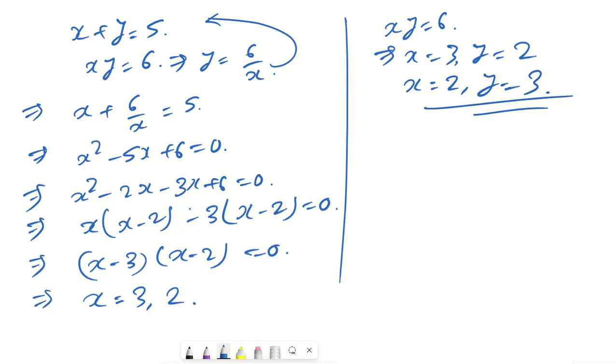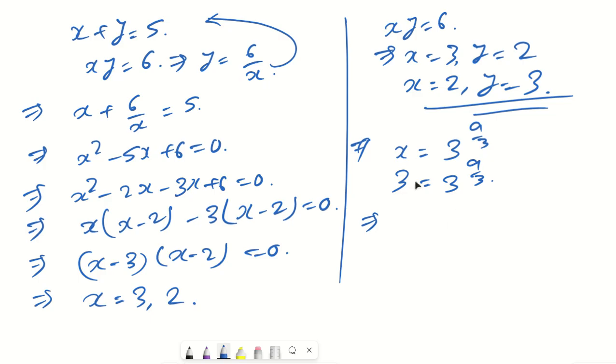Now we have to find out the value of a, right? So what was the value we had? We had x is equal to 3 to the power a by 3. So that can be written as 3 is equal to 3 to the power a by 3. So from here, 3 is equal to a by 3, right?